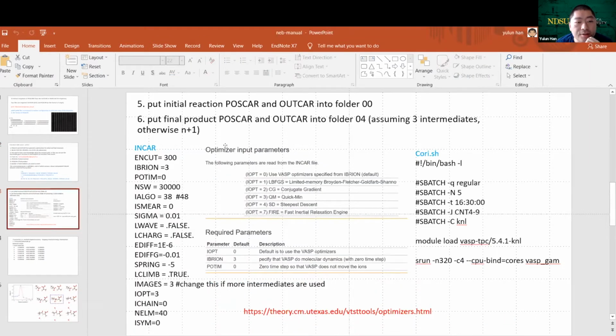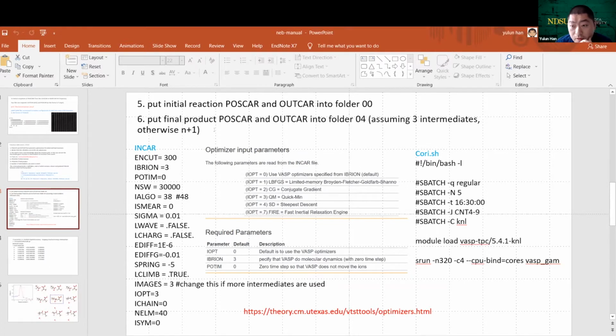And then finally, you need to put your initial and final POSCAR and OUTCAR. First, put the initial reactant POSCAR and OUTCAR into folder 00, and put the final product POSCAR and OUTCAR into folder 04.